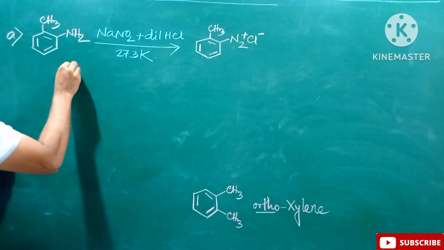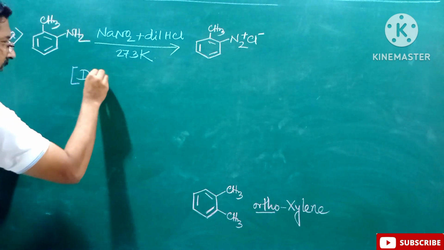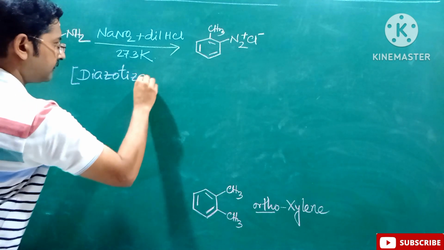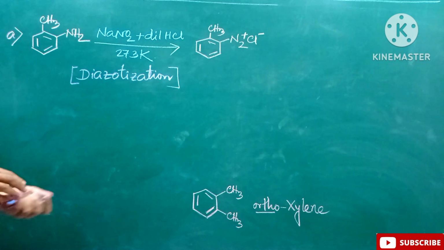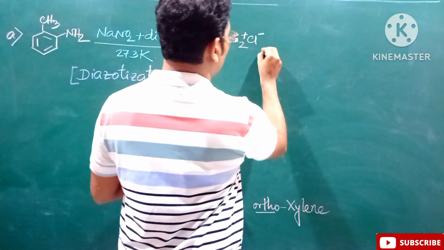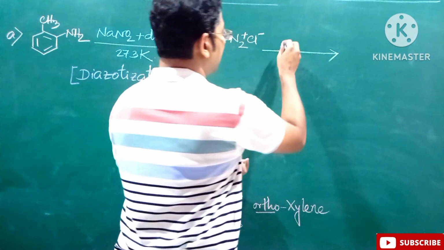The name of the reaction is of course diazotization, right? Now, in the second step, this molecule is treated with cuprous cyanide, that is CuCN.